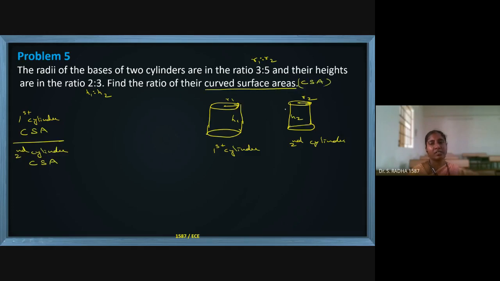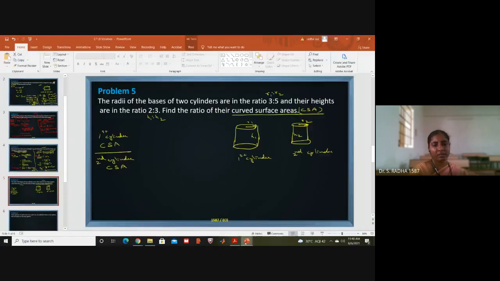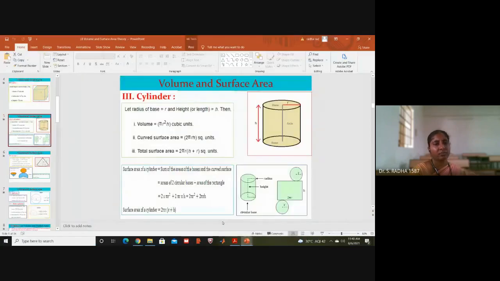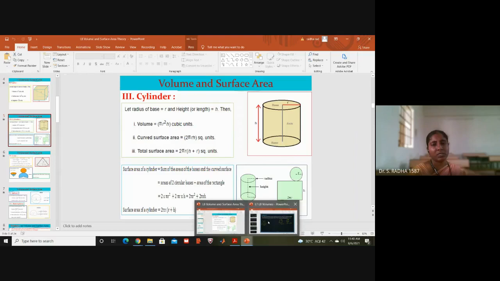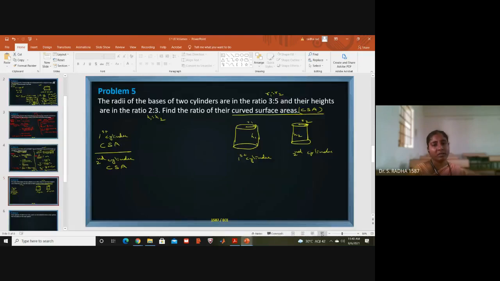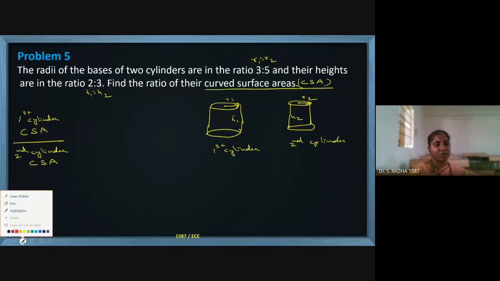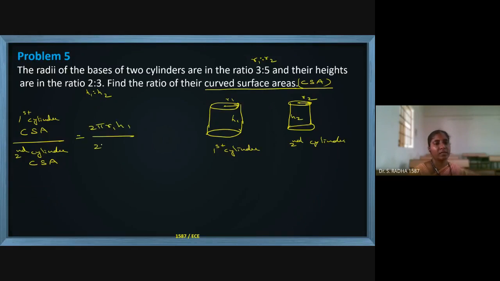Now, in the case of a cylinder, 2 pi r h is the curved surface area formula. I will substitute that: 2 pi R1 H1 for the first cylinder, 2 pi R2 H2 for the second cylinder.